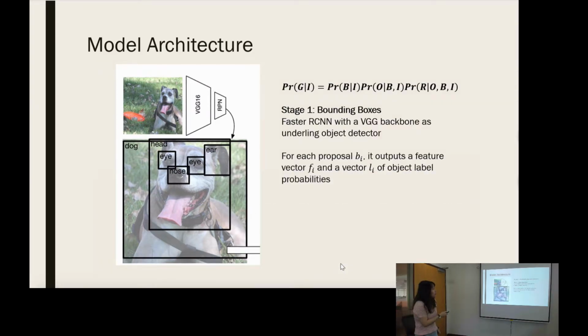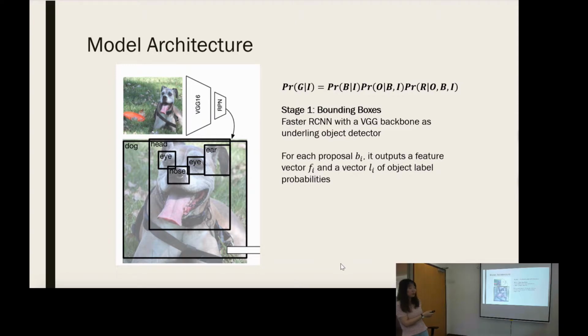First is the bounding box. This uses Faster R-CNN with a VGG backbone, a natural backbone for the bounding box section. This is kind of pre-processed, so people do this and we have the bounding boxes. Then we propose the bounding boxes.